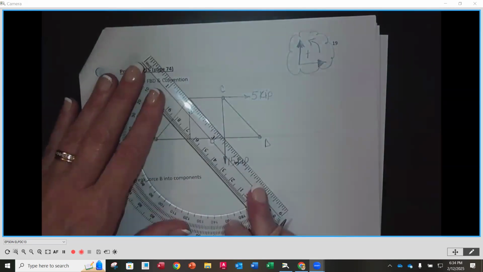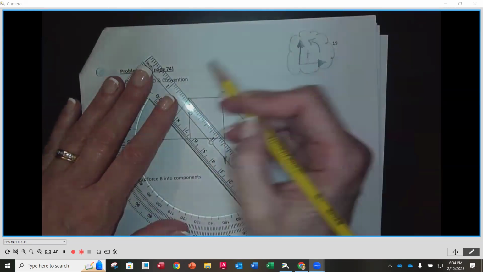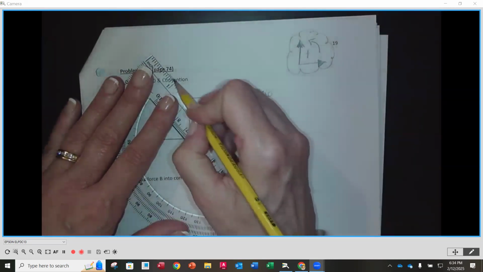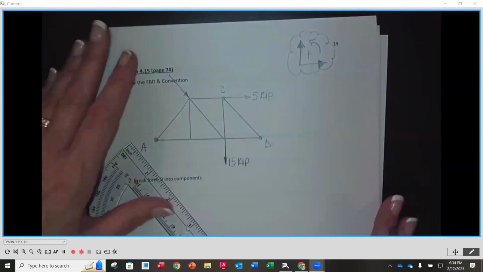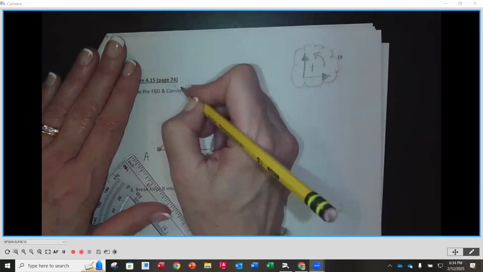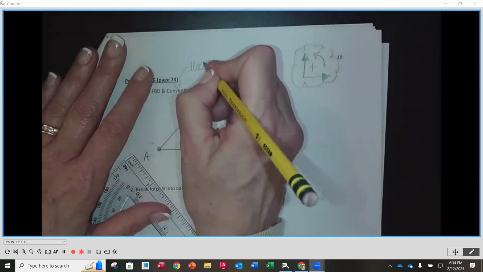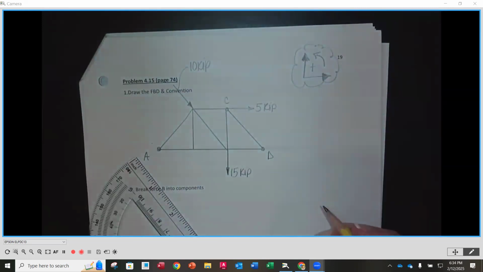And then we have, this is going to be our last force. This is 10 kips.